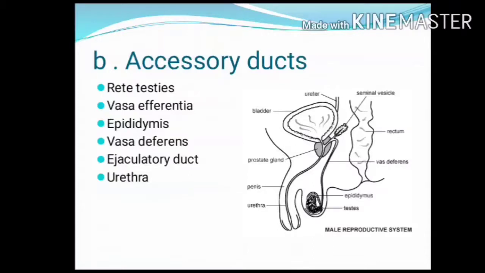The accessory ducts include the rete testis, vasa efferentia, epididymis, vas deferens, ejaculatory duct and urethra. All these are parts of the accessory ducts.